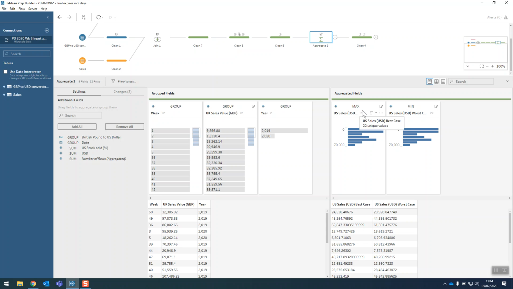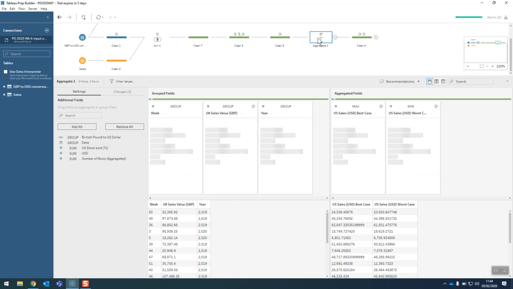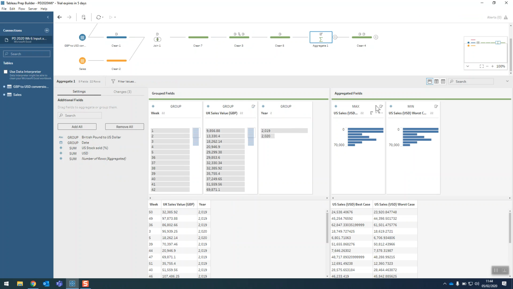So we're just taking of that field that we had, I think I called it USD sales value, we want to do the minimum and the maximum of that. And then that gives us the best and the worst case scenario, basically, for each week. So for each week, which day would be best, basically, to make the currency exchange, or worst.